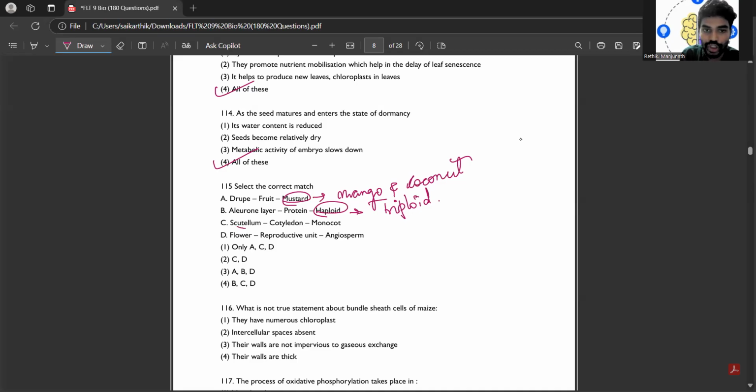So it is not scutellum, rather it is actually the flower. Okay, scutellum is correct. Then the cotyledon is also correct. Then the monocot is also correct. So C is actually correct. Then D is flower, reproductive unit, and angiosperm is also correct. So what is the correct answer? C and D is correct.